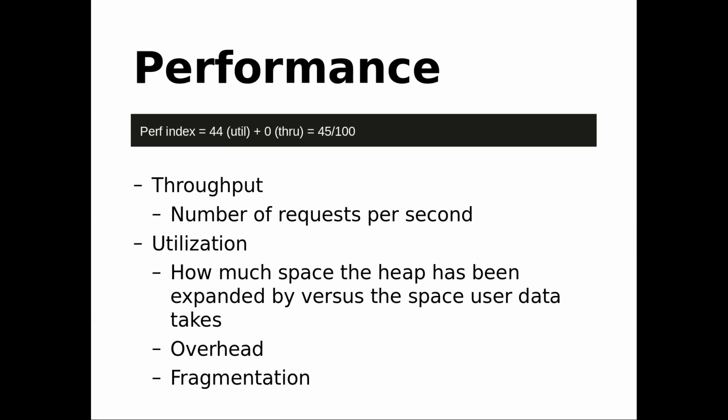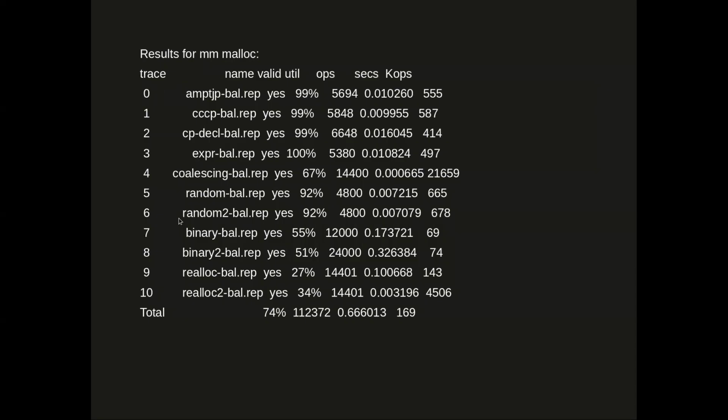You need to consider fragmentation and any overhead inside your mmmalloc implementation, and that should get you a good utilization score. Throughput is something you can get with a performant segregated free list strategy, and you make sure to tune your size classes to be efficient with the trace files we provide.